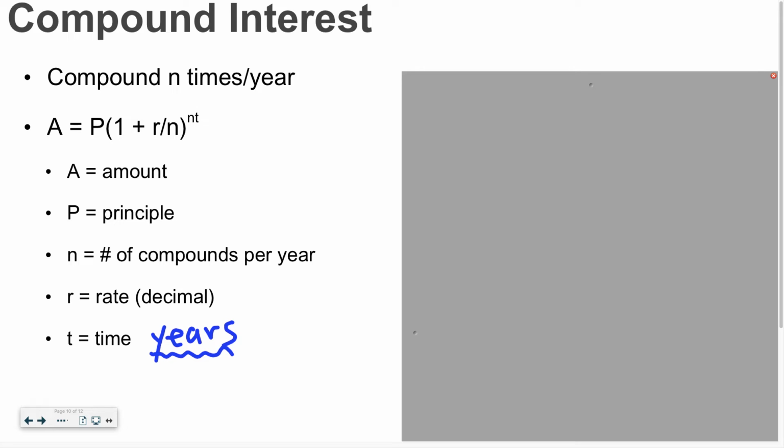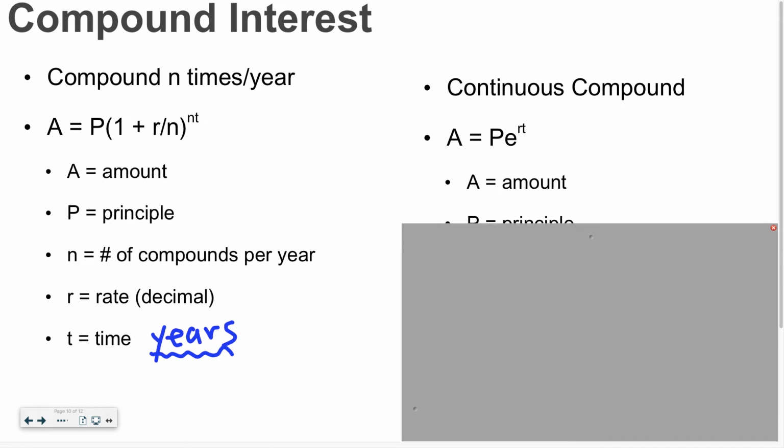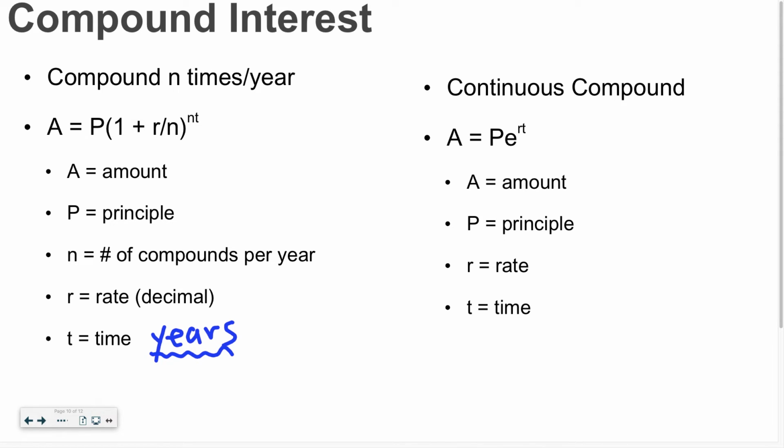Now, this is if we're compounded a certain number of times per year. But if we're compounded continuously, then we get to use PERT: P, e to the r t. All of these stand for the same thing, so you wouldn't even have to rewrite them.